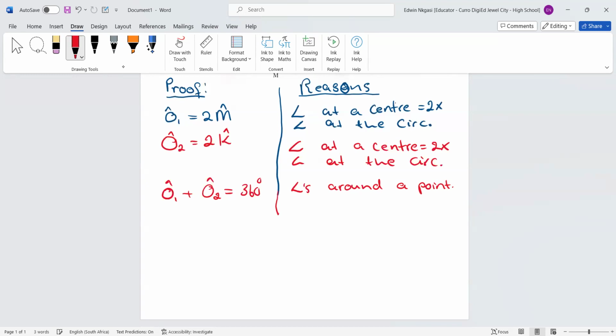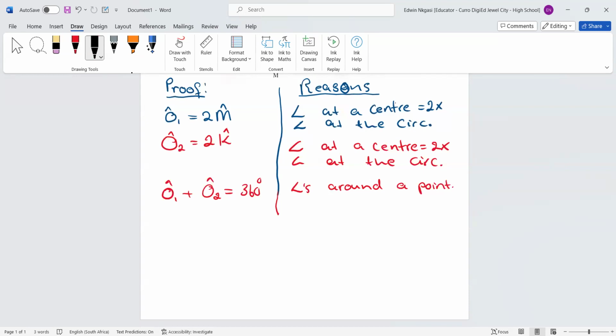All right, so we are at the final stages. Now we know that O1 plus O2 is 360, but let us remember what O1 and O2 equal. O1 is equal to 2m and O2 equals 2k. So therefore we can just substitute O1 and O2.